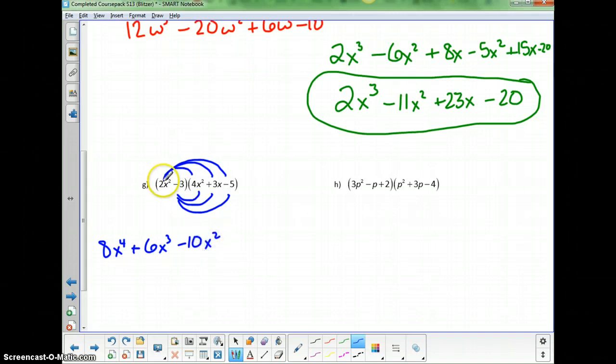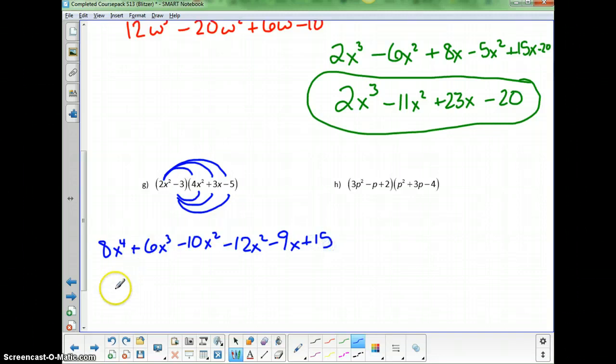So that was 2 times 4 is 8, x to the 4th, 2 times 3 is 6, x to the 3rd, and 2 times negative 5 is negative 10, x squared. Now for the negative 3, that'll be negative 12x squared, minus 9x, plus 15.